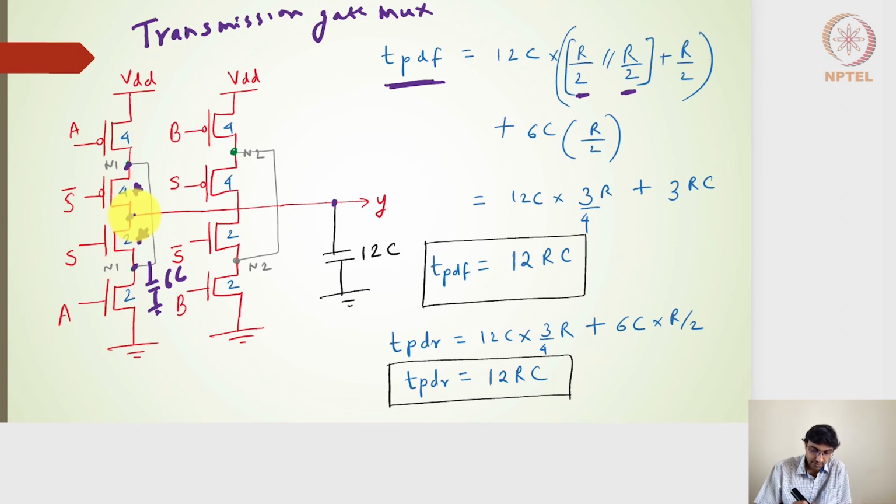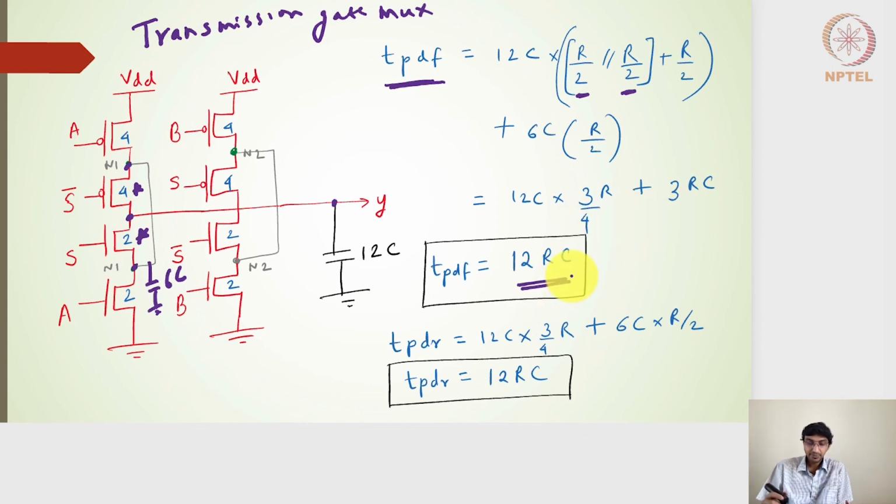And this side it is nothing but Y. So I will have a Y line, and the switching resistance of this and this will be in parallel, with that in series of R by 2. That's why I have R by 2 parallel R by 2 plus R by 2. And then the 6C capacitance multiplied by the R by 2 as the switching resistance. So overall, I'll get 12 RC.